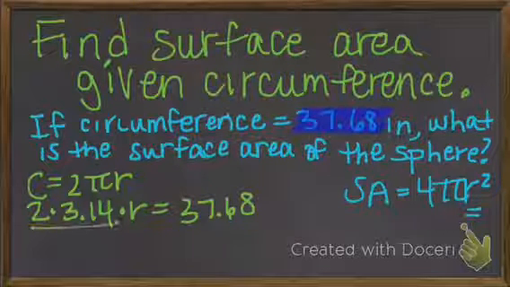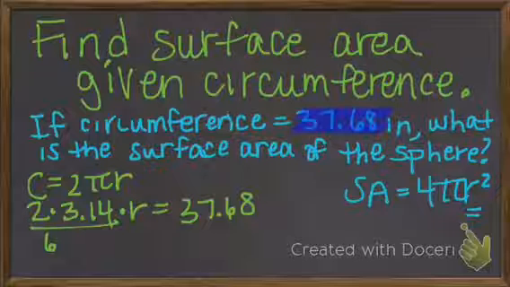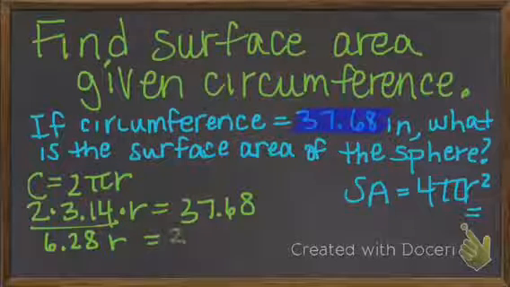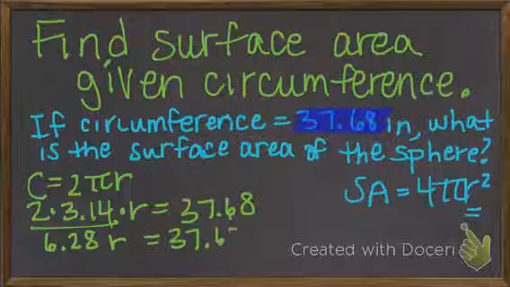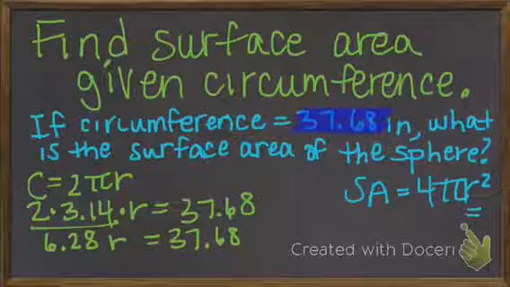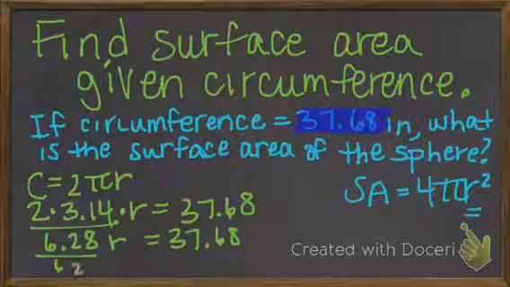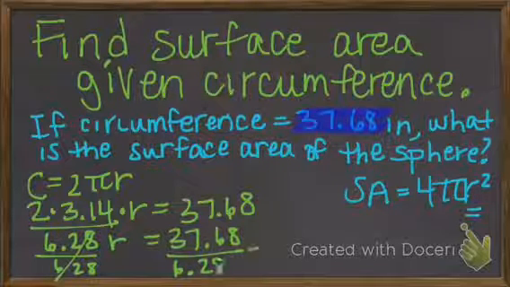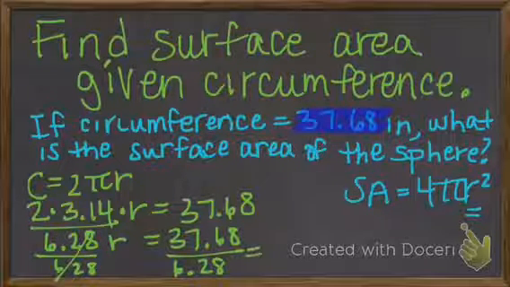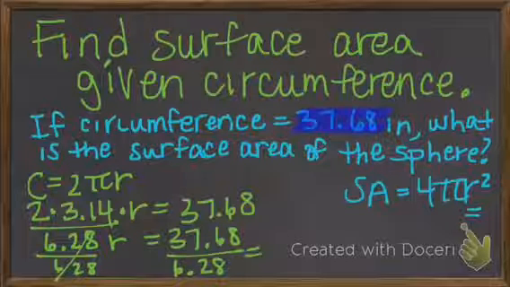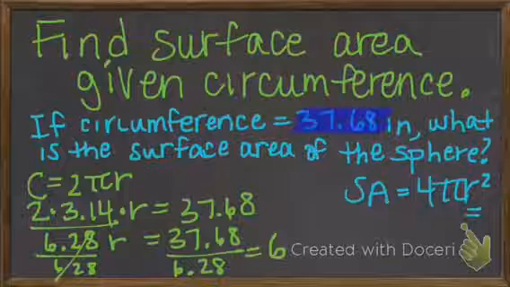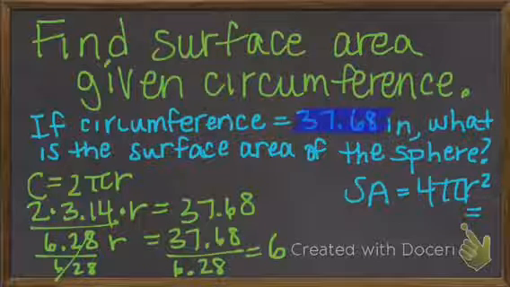So I'm going to do 2 times 3.14, which gives me 6.28, times r equals this. Now if I want to get r by itself, I've got to divide by 6.28. And that gives me a radius of 6. So now I have my radius.